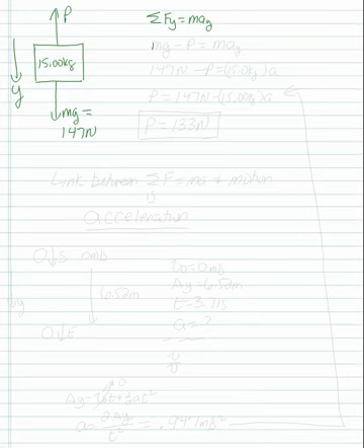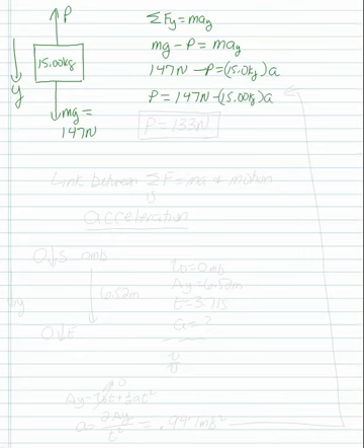And we end up with mg minus P equals may. 147 newtons minus P equals 15 kilograms times a, or P equals 147 newtons minus 15 kilograms times a. We'd be able to get the answer if we knew a.